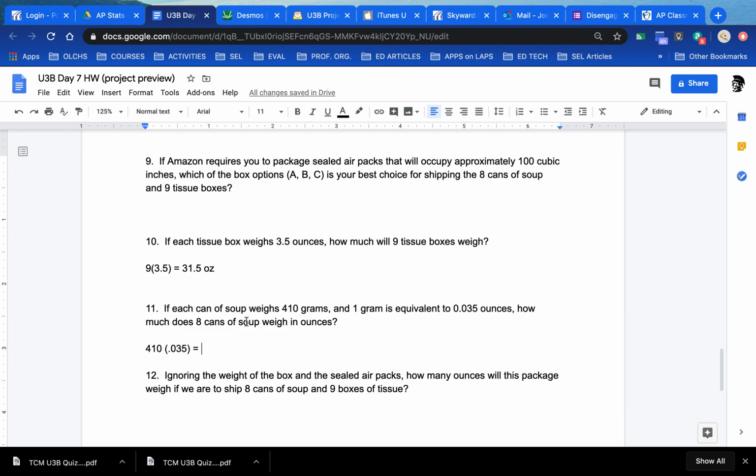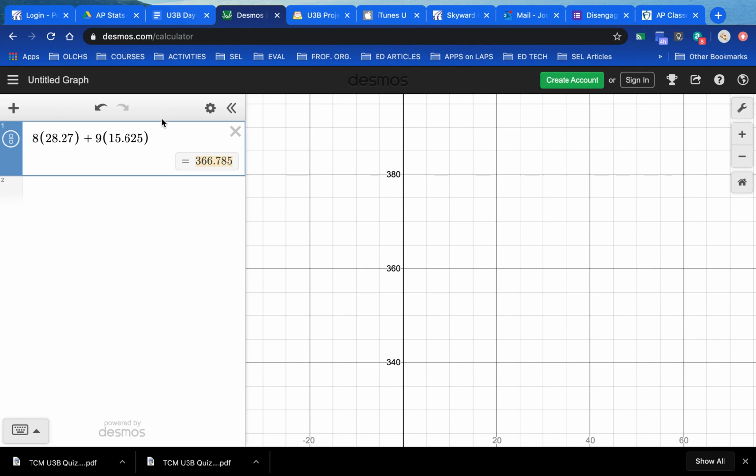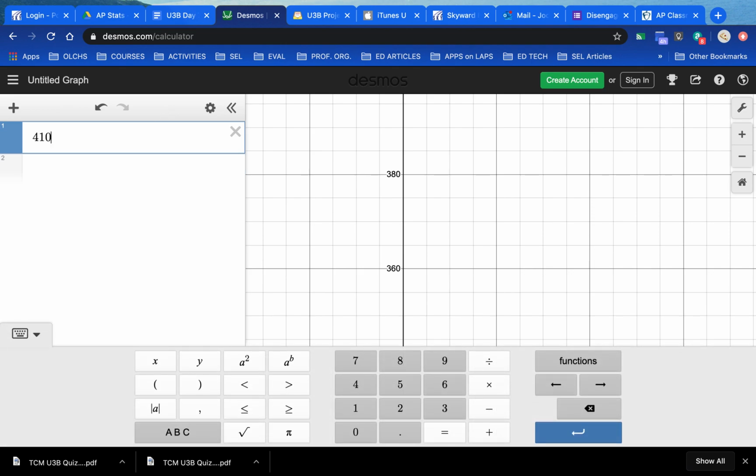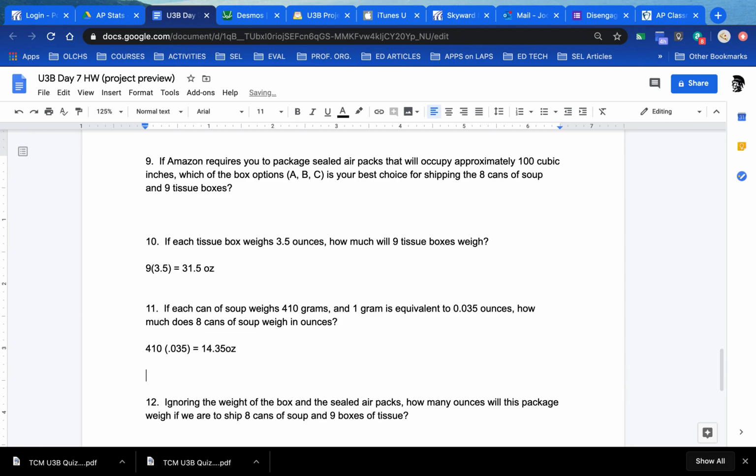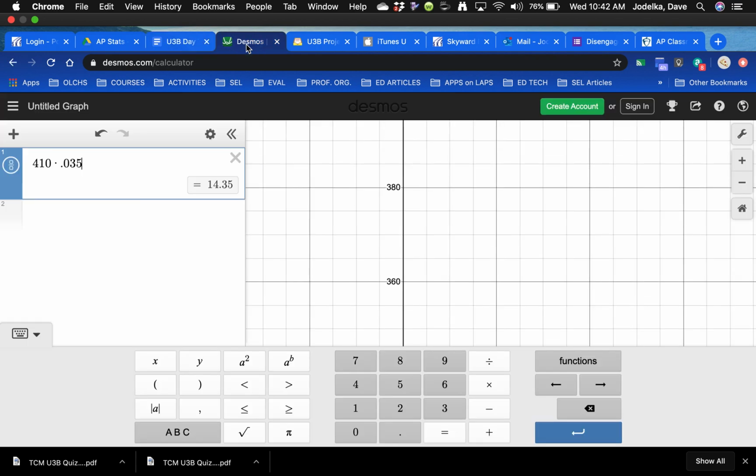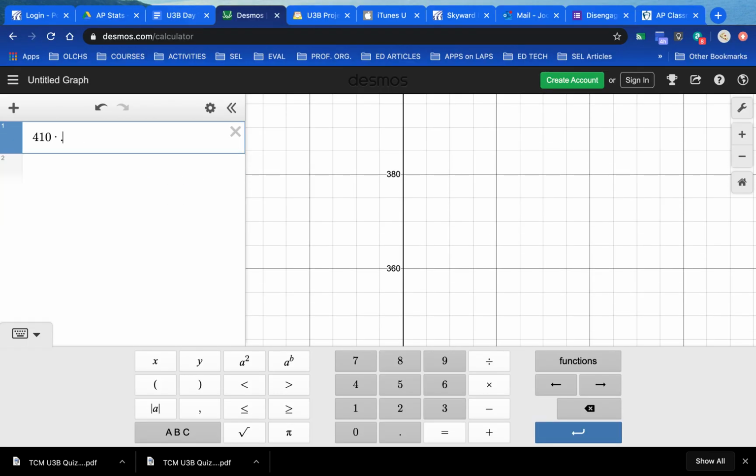Since I have 410 of them, 410 times 0.035 is 14.35. That's the number of ounces. And then 8 times 14.35 is going to equal 114.8.